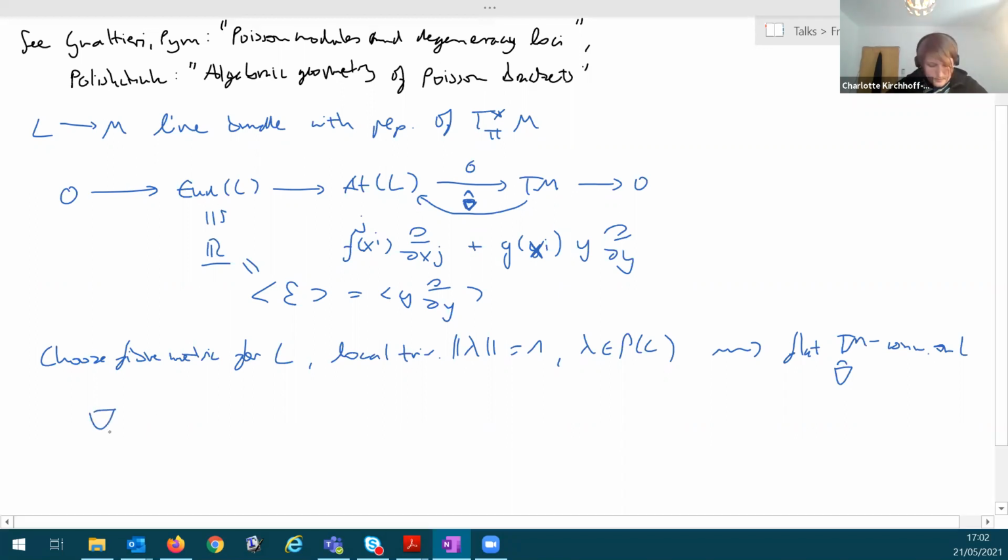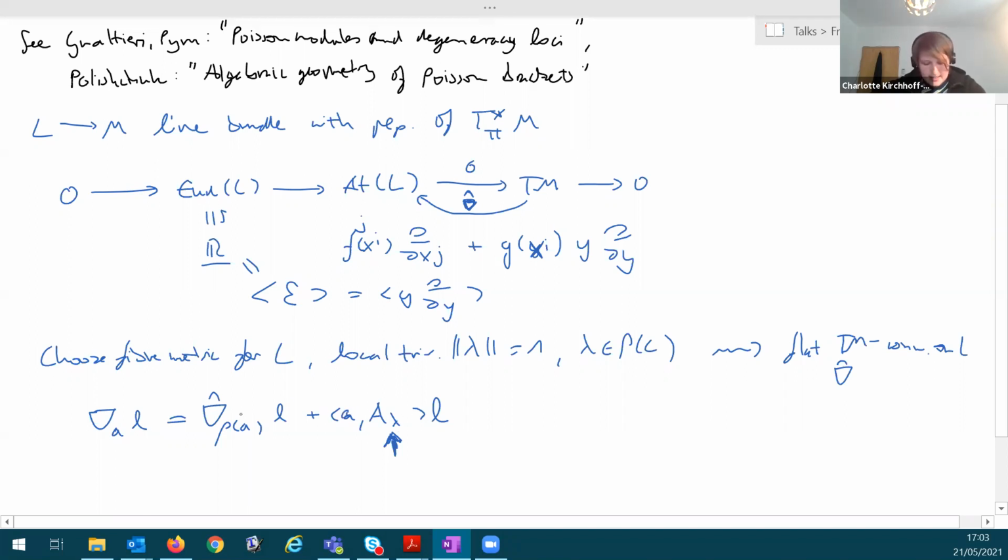So we can use this to write the Lie algebroid representation on a general section of L as this. Lambda are the local sections of length 1 that we fixed. This is the characteristic section with respect to lambda.